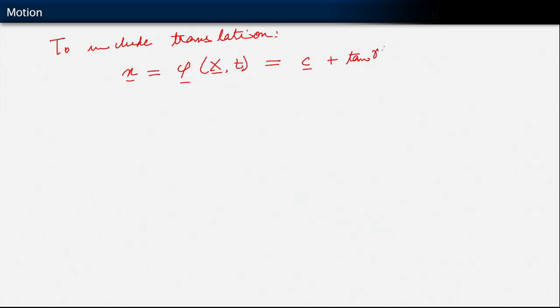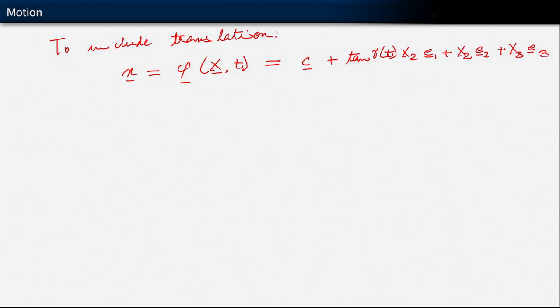Tan gamma, a function of time, x2 e1 plus x2 e2 plus x3 e3, right? That would be the general representation of that motion.